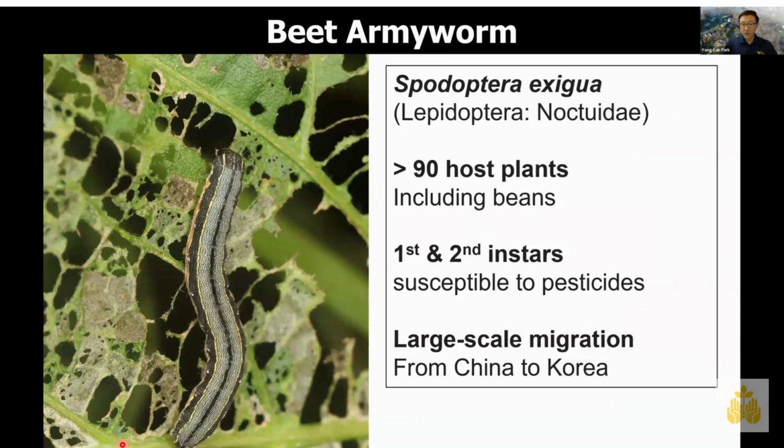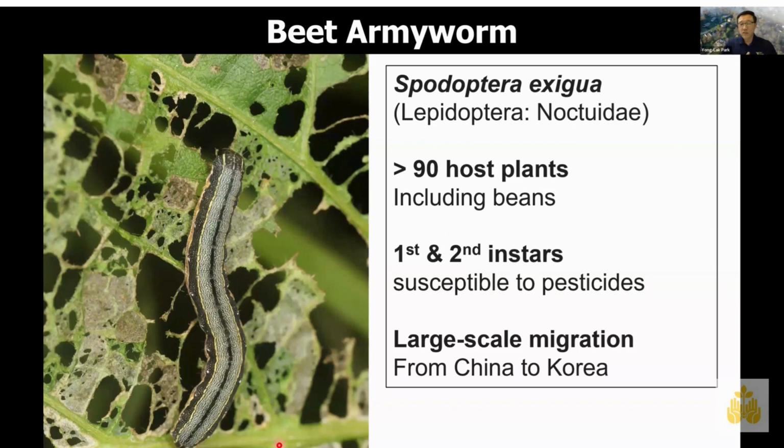In Korea, the problem is large-scale migration from China. In the spring and early summer, the wind blows from China to South Korea, and the adult moths ride the wind and land in South Korea.